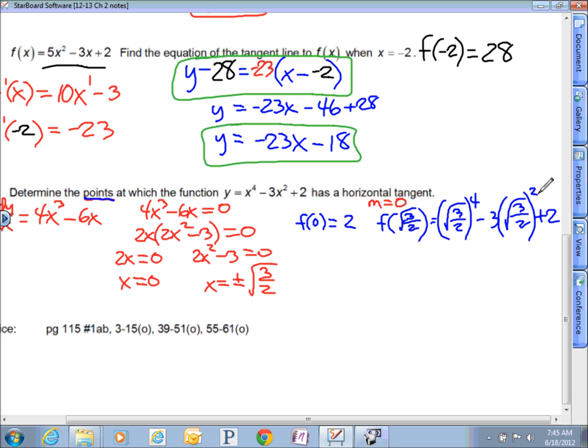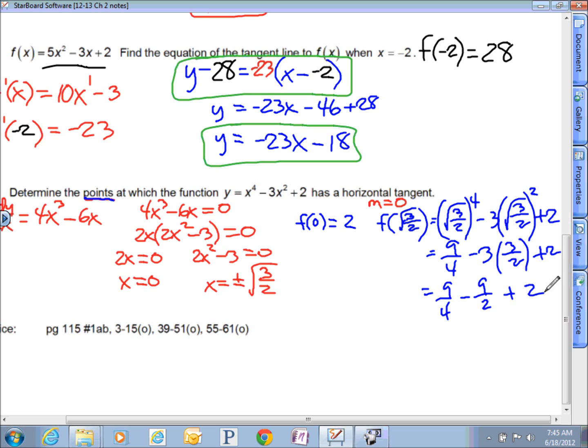Let's think. Square root of 3/2. Well, if I squared that, that would be 3/2. And if I squared it again, meaning raising it to the 4th power, that would give me 9/4. So maybe I can do this without my calculator. Minus 3 times the square root of 3/2 squared. Well, there's a 3/2, plus a 2. Well, 3 times 3/2 would be 9/2.